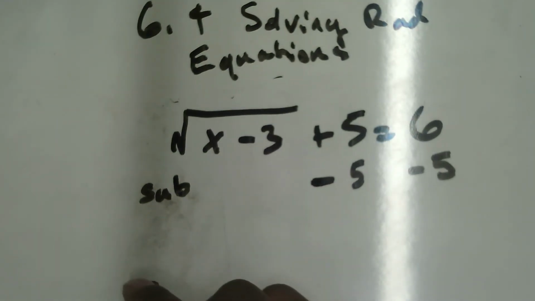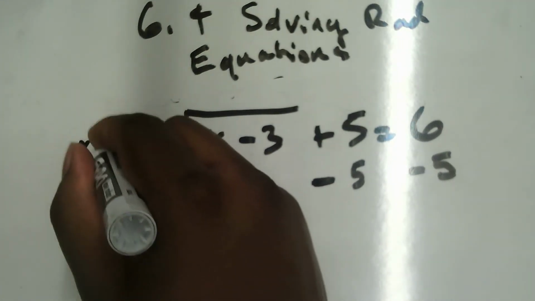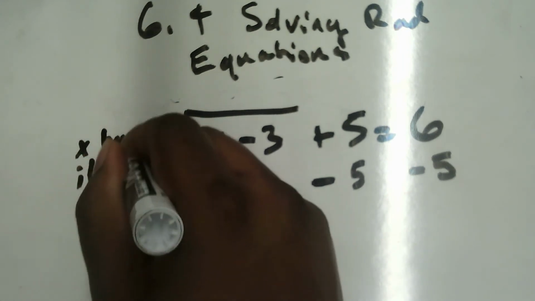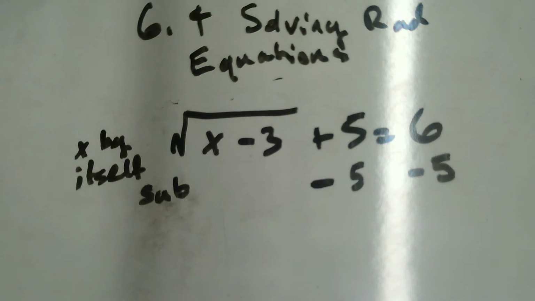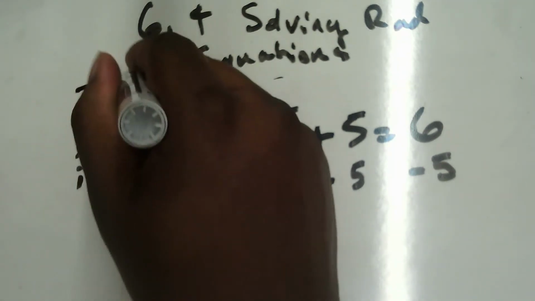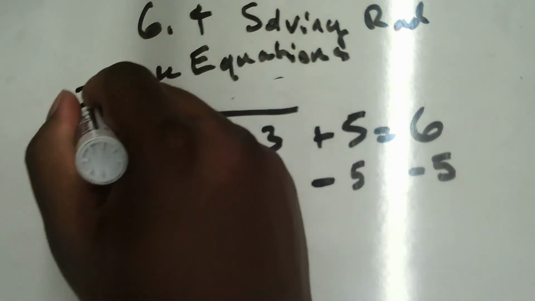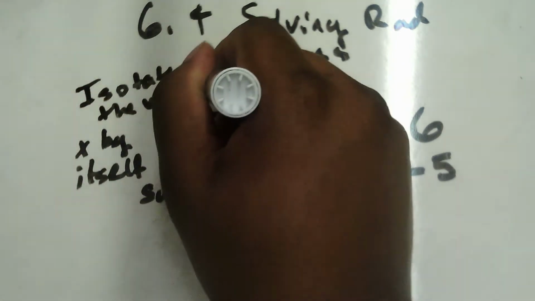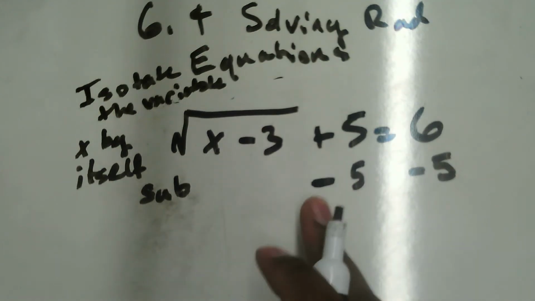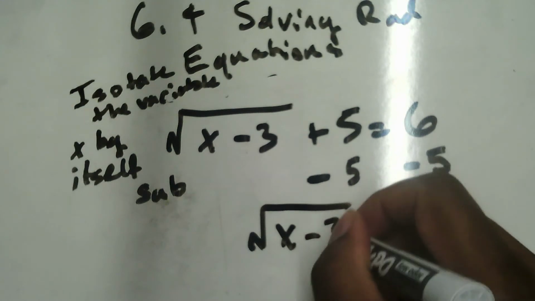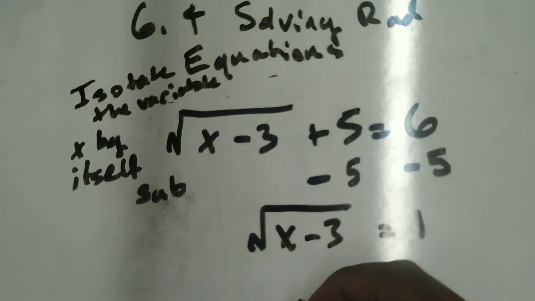Because we're trying to get the square root by itself. We're trying to isolate the variable. Subtract 5, and it was the square root of x minus 3 equals 1.